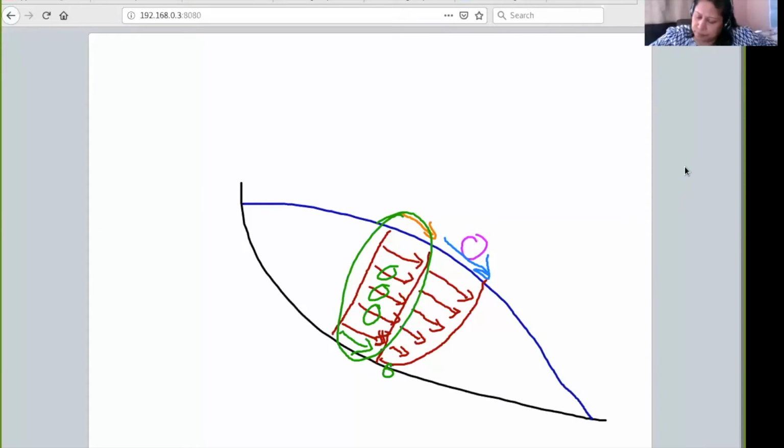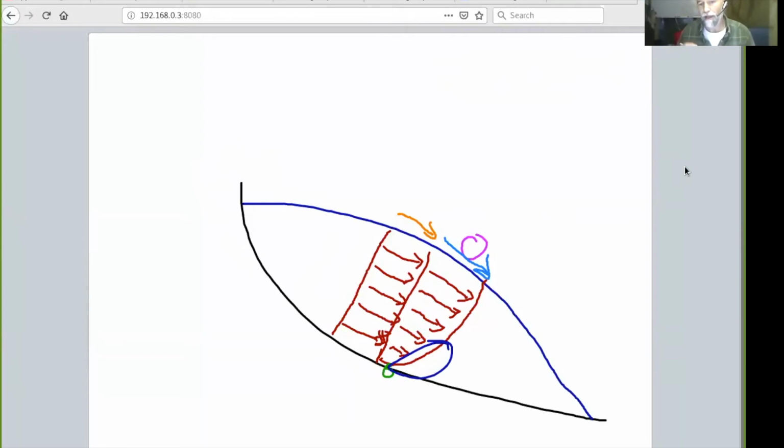Now, with internal deformation, each bit of ice is moving relative to each other bit of ice. As you get deeper and deeper, this curve right here gets steeper and steeper because that shear stress is greater and greater.